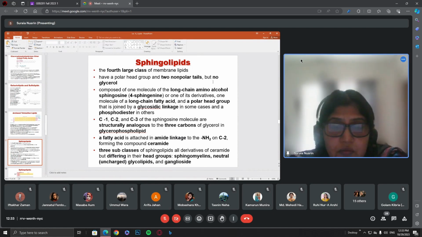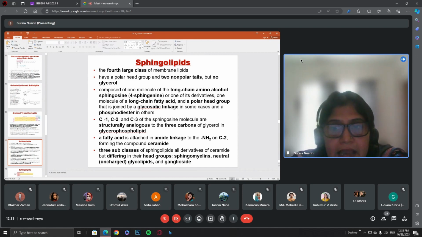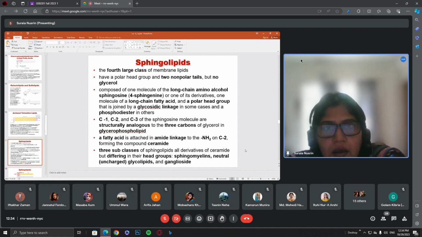Instead of glycerol, what is the backbone of sphingolipid? The sphingolipid has a long chain amino alcohol, called sphingosine or 4-sphinganine, or its derivatives. That is the backbone of the sphingolipid, and that sphingosine is attached to a long fatty acid chain.